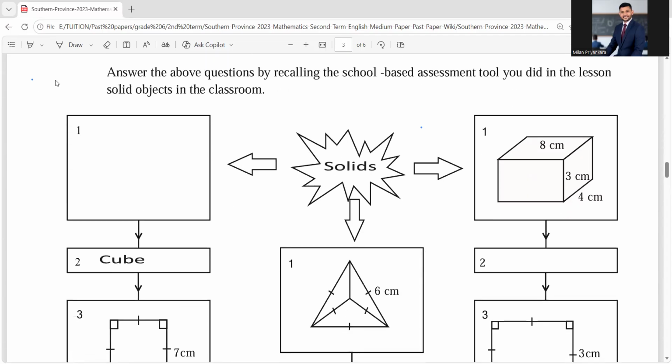Solids. Right. The cube. You can draw a cube like this, okay?